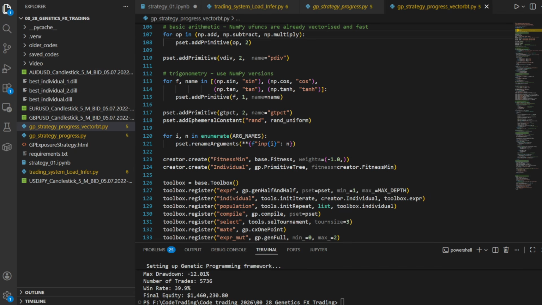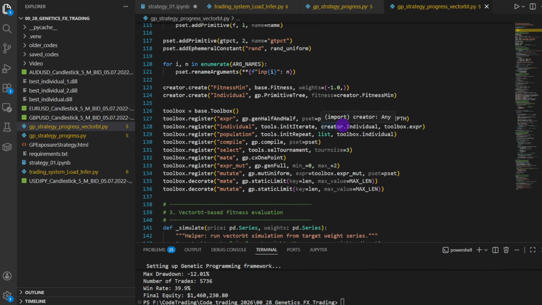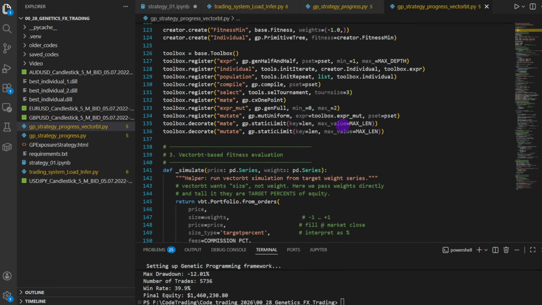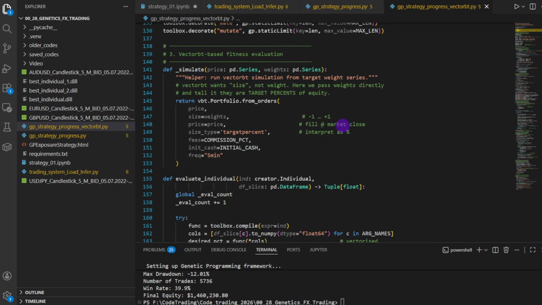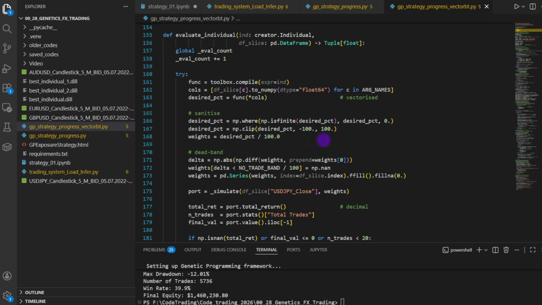The indicator output is a time series of desired percentage exposure between -100 and +100%. So it's clipped to -100 and +100. This is the desired percentage exposure. As we can see here in line 167, it's then converted to a value when we divide it by 100, between -1 and 1.